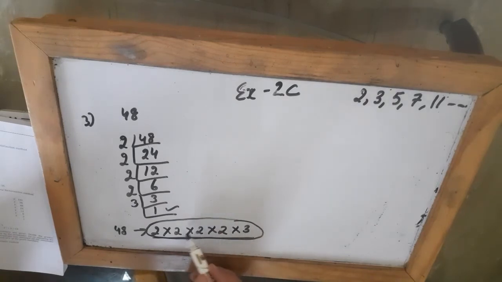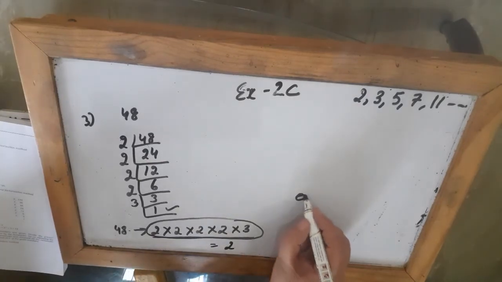When you multiply them, 3 2s are 6, 6 2s are 12, 12 2s are 24, 24 2s are 48. So 48 is written as the product of its prime factors. Now can you see that 2 is repeated 4 times? So you can also write this in exponential form.